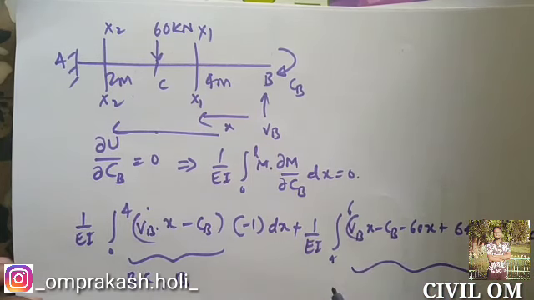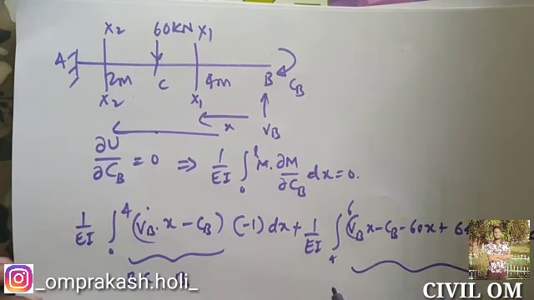So friends, now let's solve this. Integration over 0 to 4 of CB minus VB x dx, plus 4 to 6 of CB minus VB x plus 60 x minus 240 dx is equal to 0.